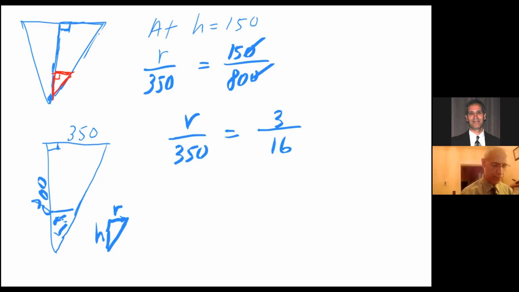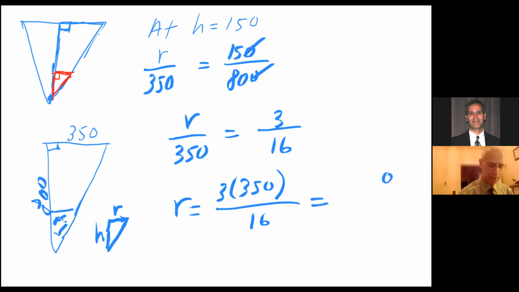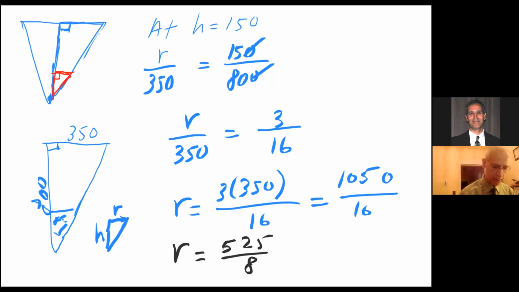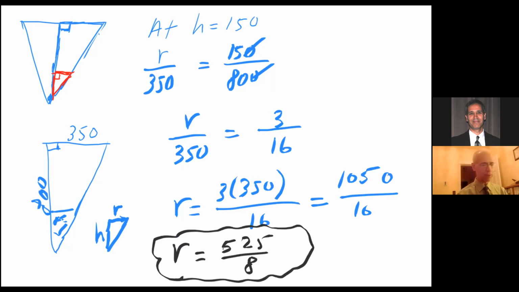If I solve for R, I get R equals 3 times 350 divided by 16. That gives me 1050 over 16. So I can claim that R equals 525 over 8. Let's save this for now. Going to the next page.